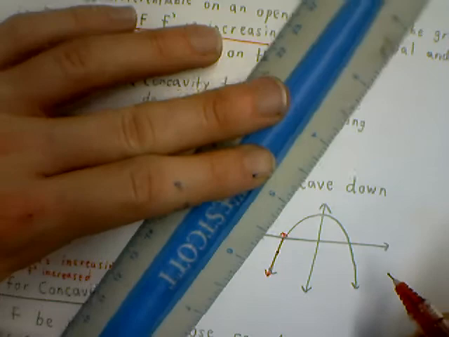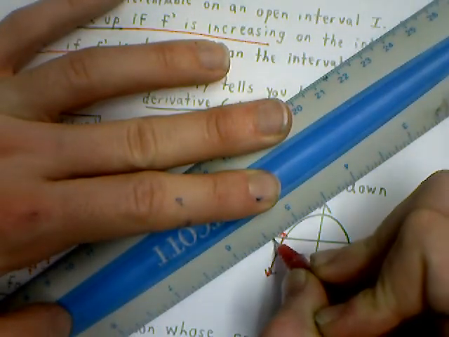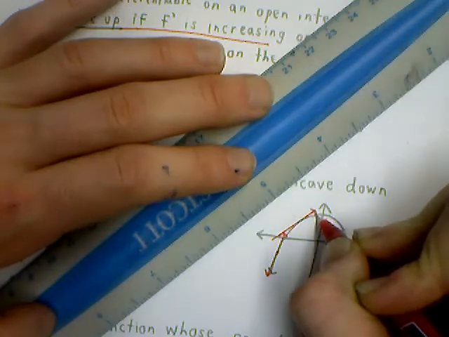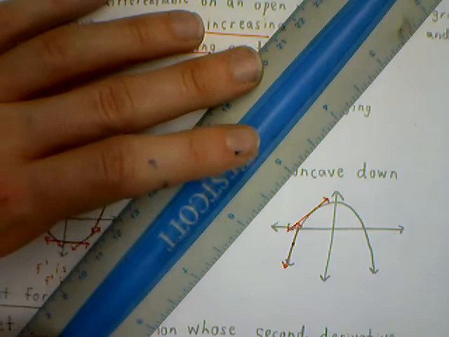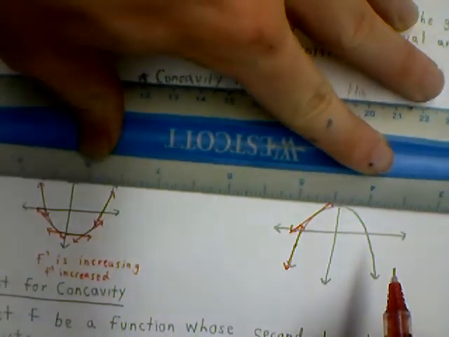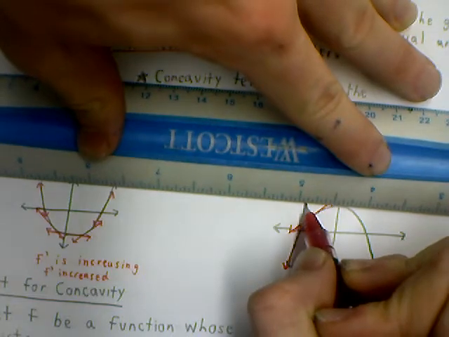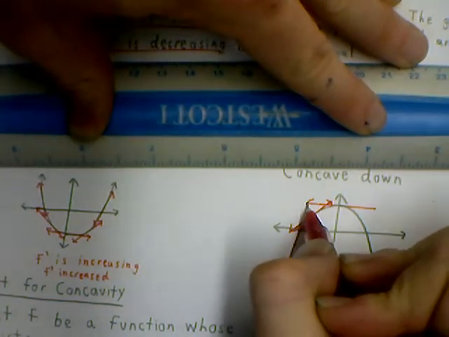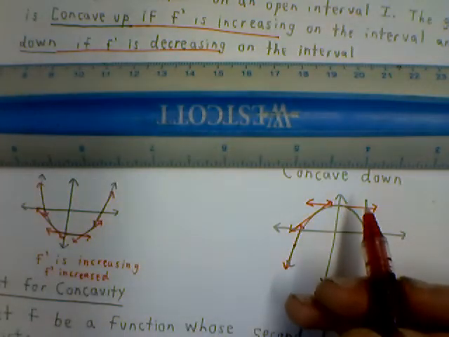Now let's draw in another tangent line so I can look at the slope of my graph at this point. My slope is still positive, but it's less positive. Now, right here, my slope is 0. So my slope went from very positive to less positive to 0.